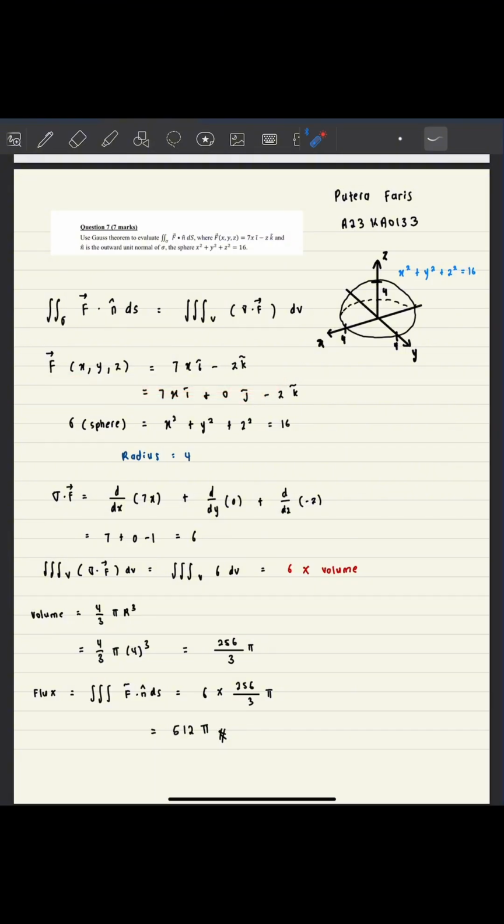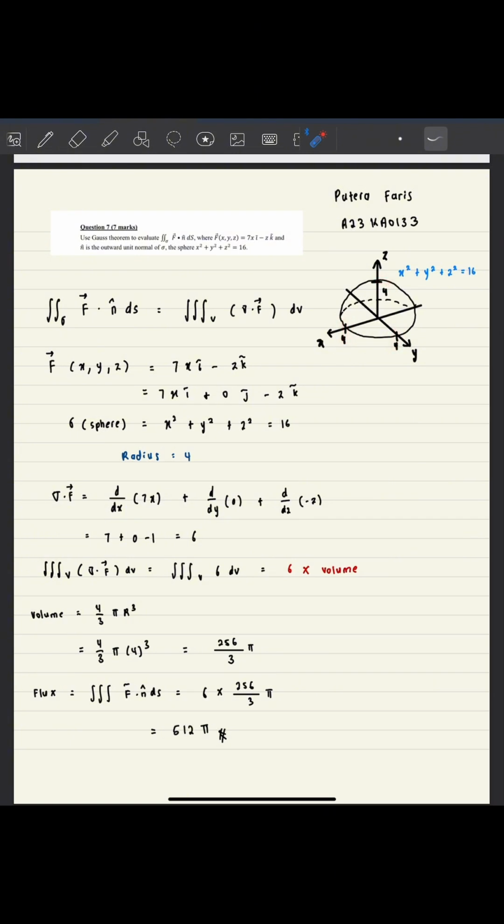We can compute that it is 7x i plus 0 j and negative z k, because there is no j component. From the sphere formula, we can compute that our radius is 4. Then we can sketch the solid sphere.